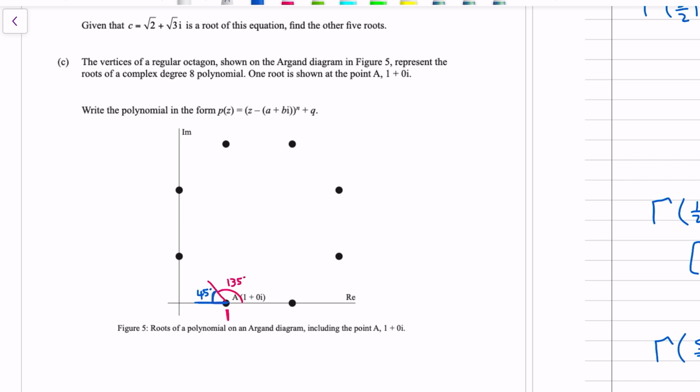So it's quite a nice starting problem here. You go, oh cool, that one's 1, this one has to be i. And then you go, right, how much do I add to that to get to the next one? Well, we know that this hypotenuse here is root 2. So we need to add root 2. All the sides of the octagon are root 2.